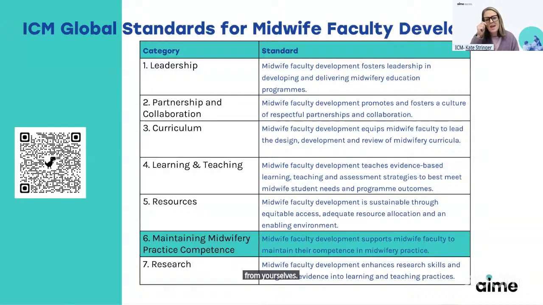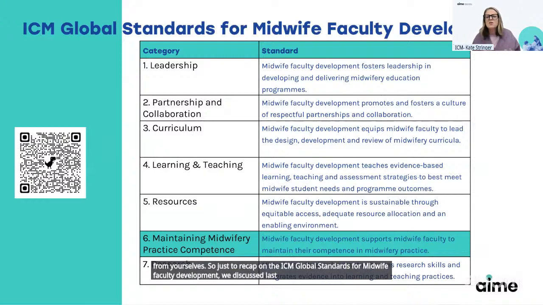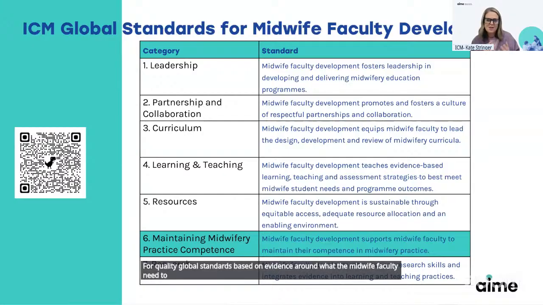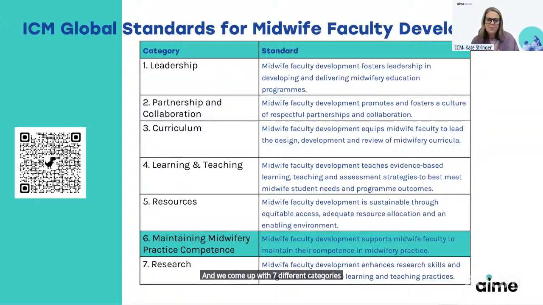So just to recap on the ICM Global Standards for Midwife Faculty Development, we discussed last week that there's a real need for quality global standards based on evidence around what midwife faculty need to be able to be the best educators that they can be. And we came up with 7 different categories: leadership, partnership and collaboration, curriculum, learning and teaching, resources.